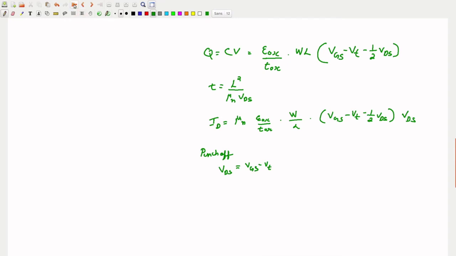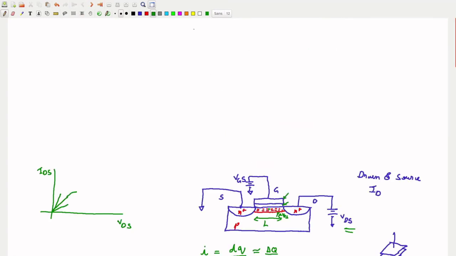At pinch off, the channel shape which was parallel changes like this, so that at a point there will be a pinch off.